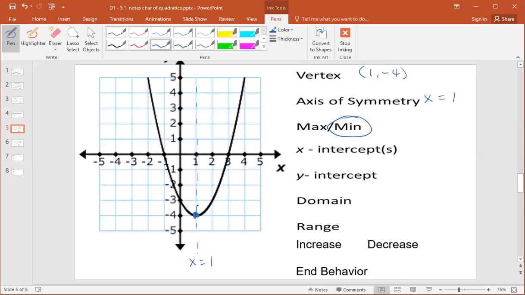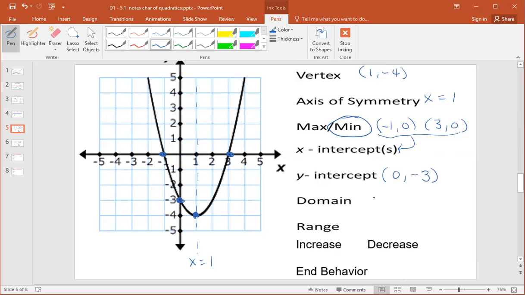The vertex is the lowest point. Our x-intercepts we can see here are -1 and 3, so -1, 0 and 3, 0. The y-intercept is right here at -3, so this is 0, -3.